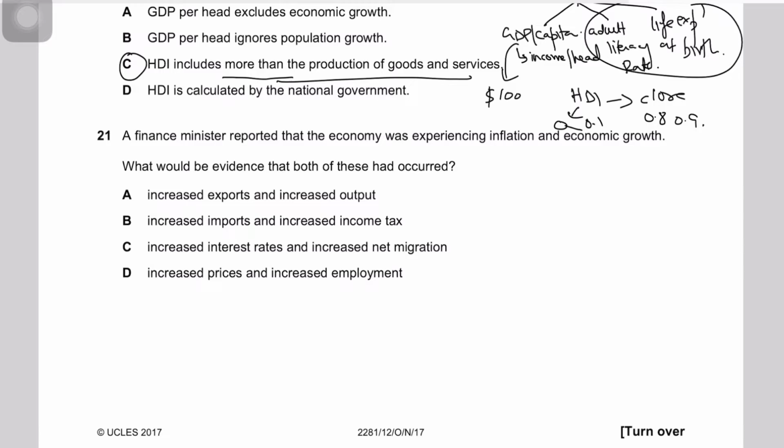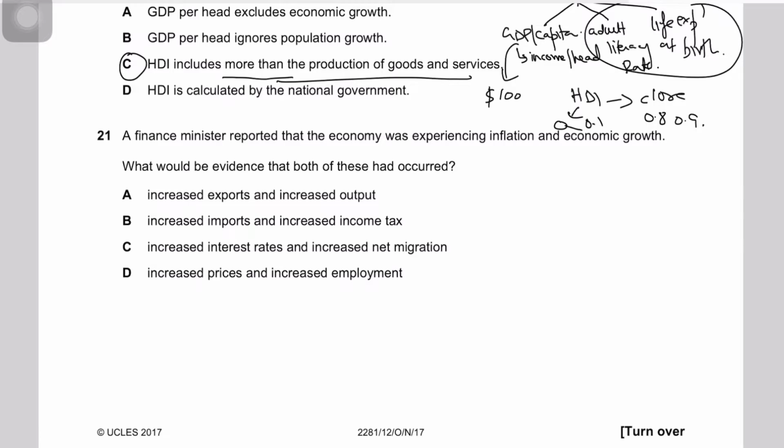Increased output is, yes, a sign of economic growth, but an increase in exports does not necessarily mean that inflation would occur, because for aggregate demand to rise, there are other components of AD as well, and we take net exports as part of aggregate demand. So what if the imports are greater than exports? In that case, AD would actually be falling instead of rising, so inflation will not occur.